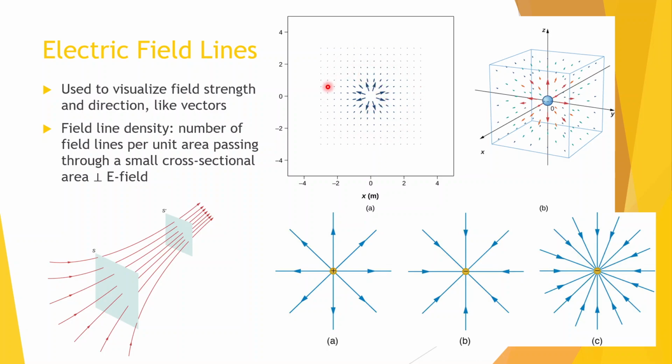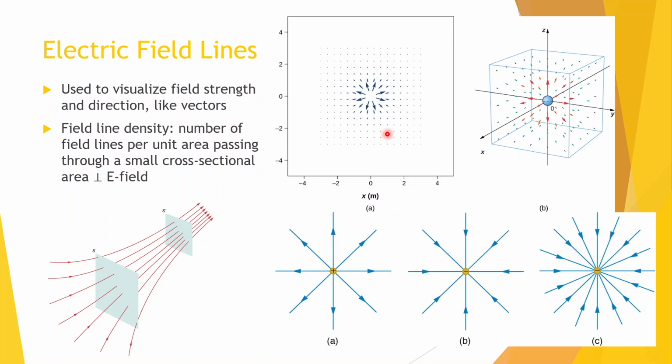We've got really small arrows. There are still arrows there, right? They're still present, but they are much smaller. So the electric field in this area is much greater than out here, as we have a greater distance. So this is very similar to when we're looking at gravity, right?